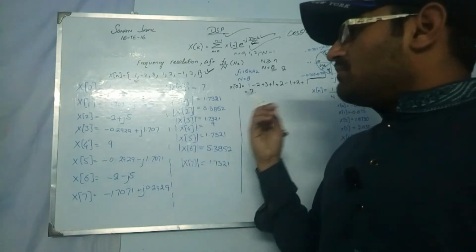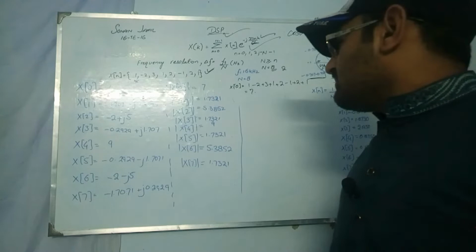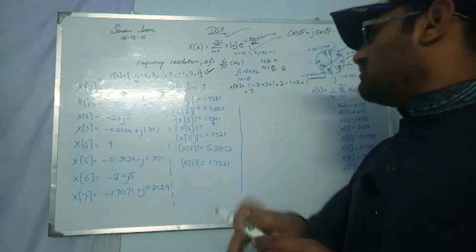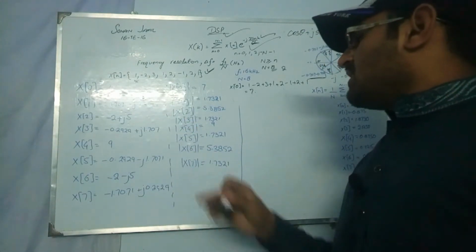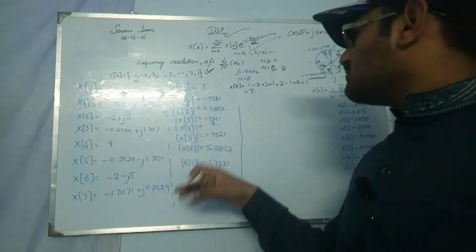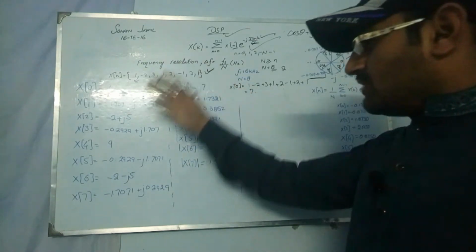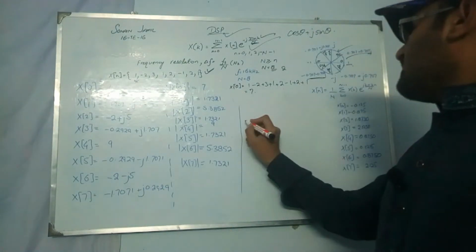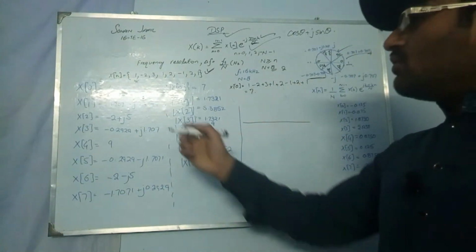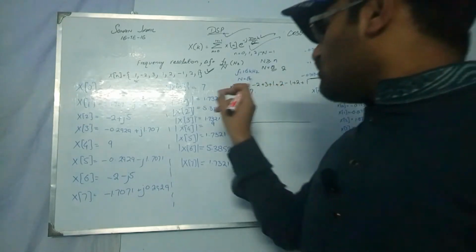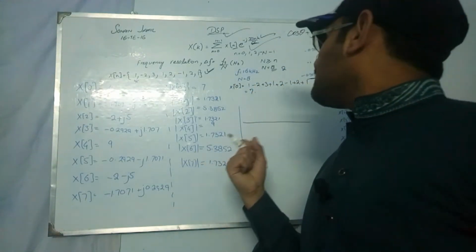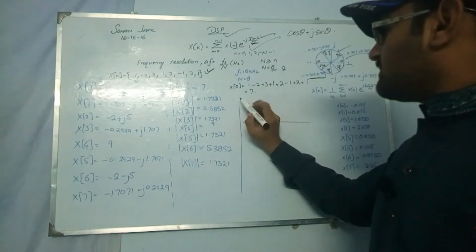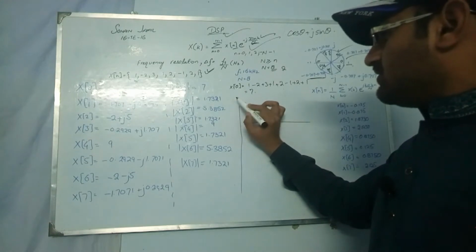Now if I want to plot this signal, what I will do, these are complex values, I will take just magnitudes of these values or absolute values of these points. I have told you how to calculate magnitude in the last lecture, but a little bit of review here.